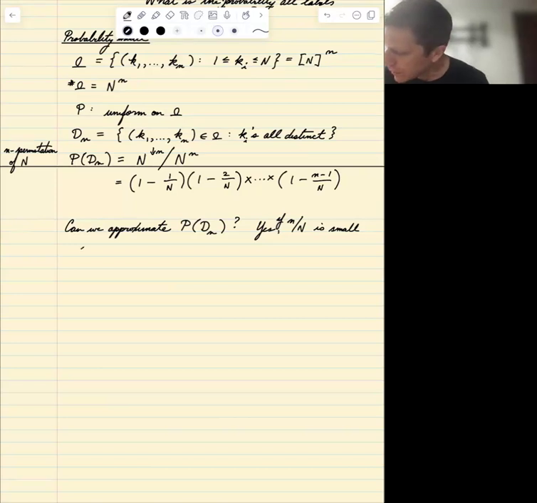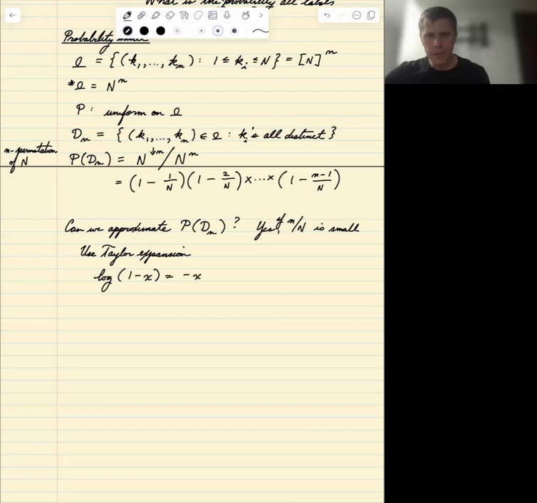How do we do this? Let's use a Taylor expansion. The log of 1 minus x has the Taylor expansion minus x minus x squared over 2 minus x cubed over 3, etc., provided x is less than 1 in absolute value.